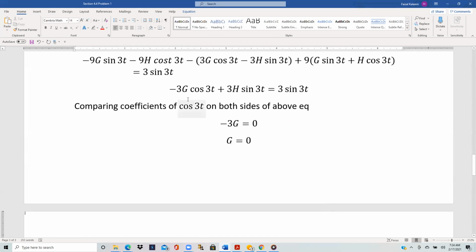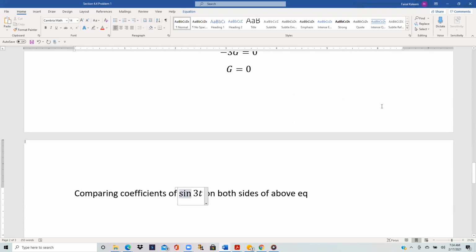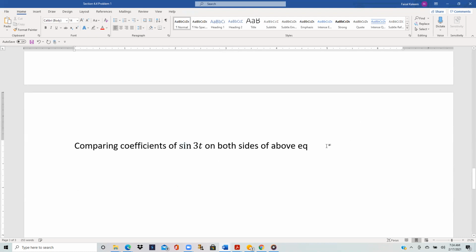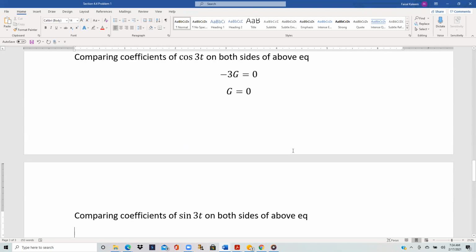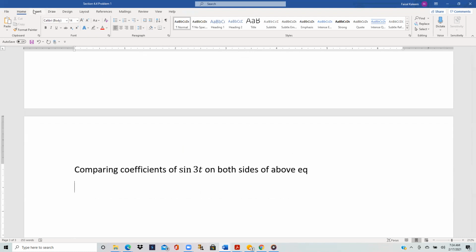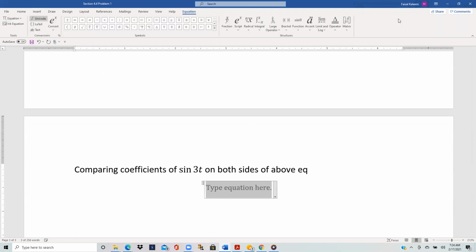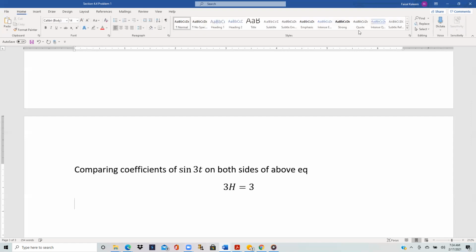On the left side, we have 3h, and on the right side, we have 3. So 3h is equal to 3, and that gives h is equal to 1.